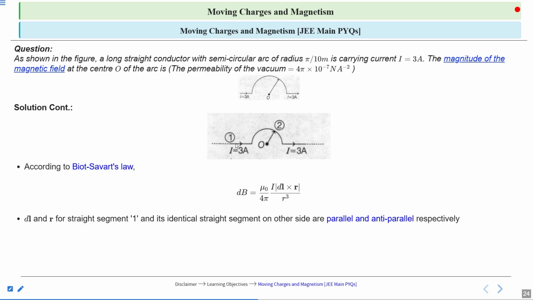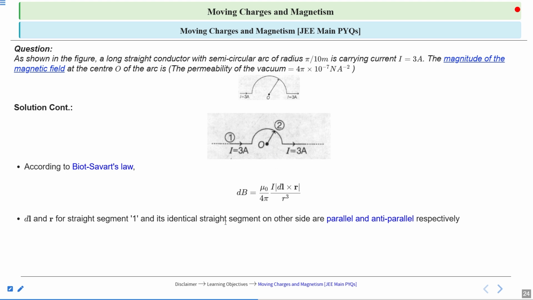This dl vector has direction towards the center, and we also mark a position vector from this dl to the point O. The dl vector is in the direction of current, and the position vector from dl to O has the opposite direction, so they are anti-parallel.